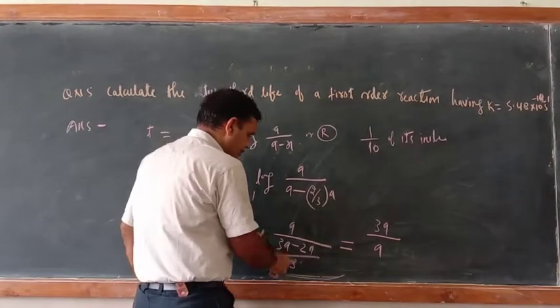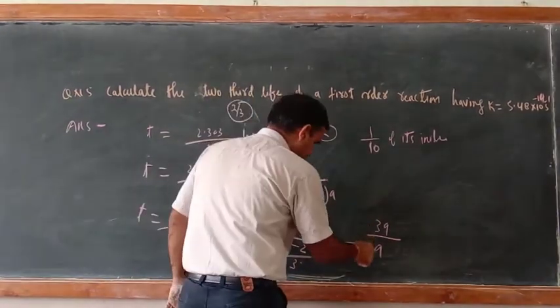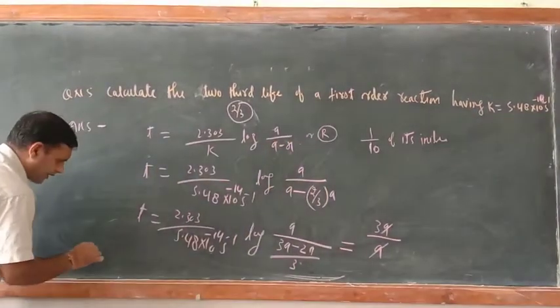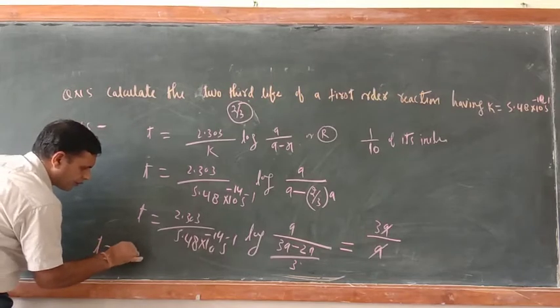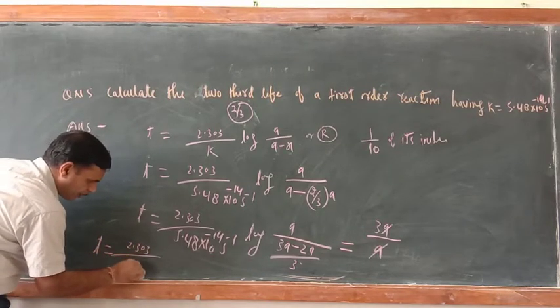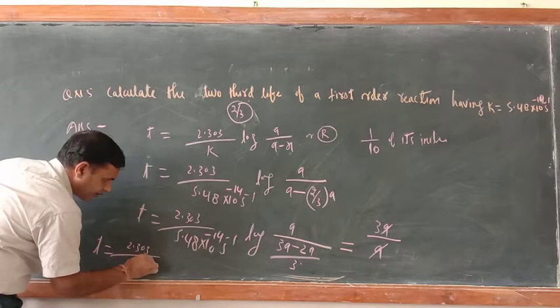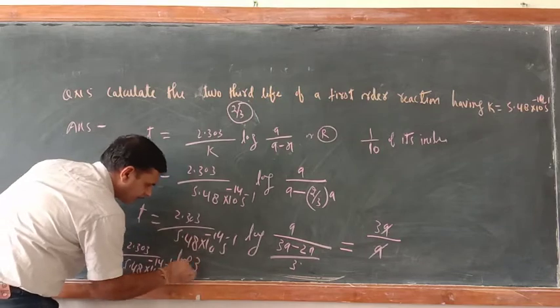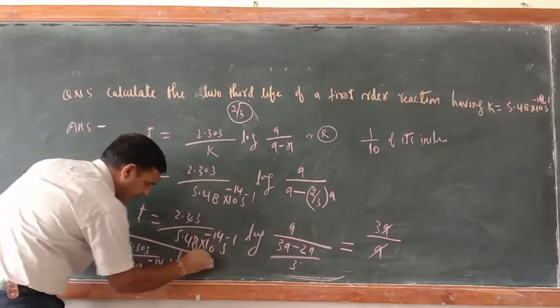So this 3 will go up, 3a by a, a will be cancelled out. So ultimately t equal to 2.303 divided by 5.48 into 10 raised to the power minus 14 second inverse, and here log 3.